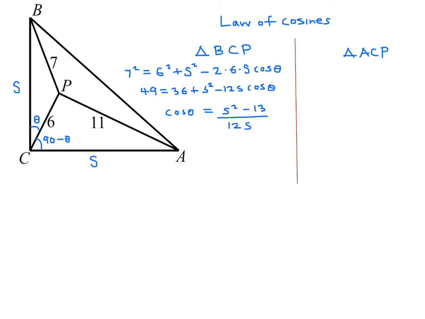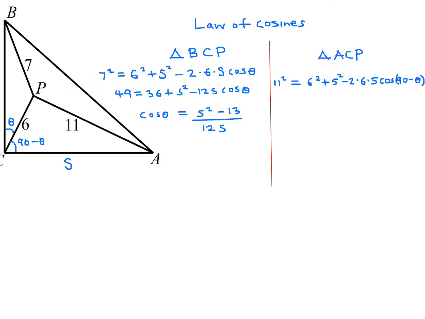Now in triangle ACP, in a very similar way, we are going to use the law of cosines. And that gives me 11 squared is equal to 6 squared plus s squared minus 2 times 6 times s cos(90 minus theta). So this is 121 is equal to 36 plus s squared minus 12s cos(90 minus theta).